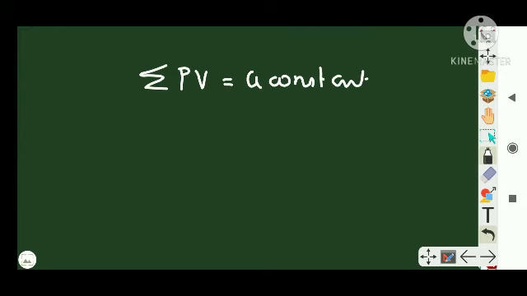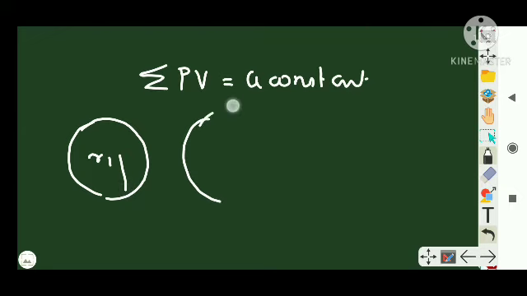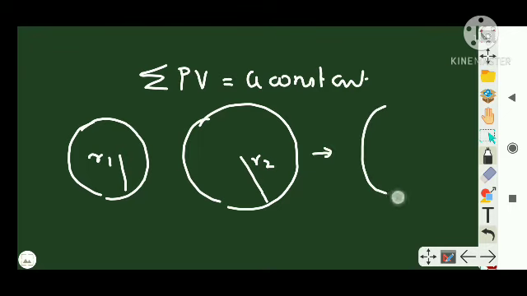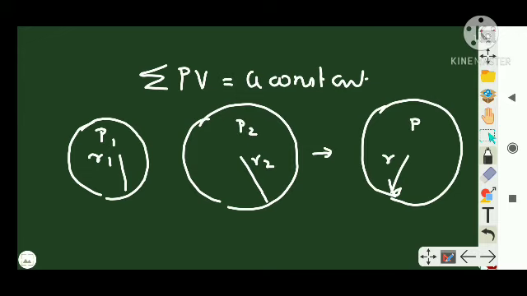Now let one small bubble have radius R1, and another bubble have radius R2, and the new bubble formed by their coalescing has radius R. Let's say the first bubble has pressure P1, the second has pressure P2, and the new one has pressure P.